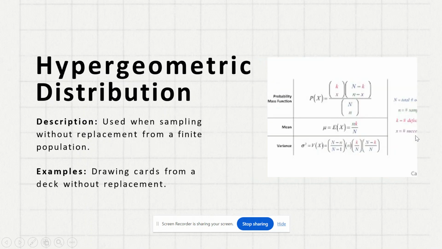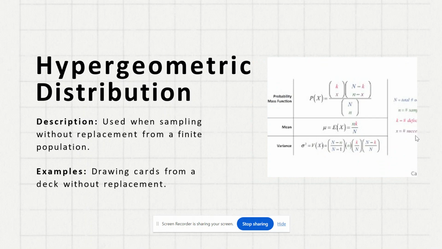Okay. Now the next thing is hypergeometric distribution. It is used when sampling without replacement from a finite population. It means that, for example, I have two things, 20 red balls and 10 green balls. So what does it mean? When I take these red balls, they will never be used for my future samples.